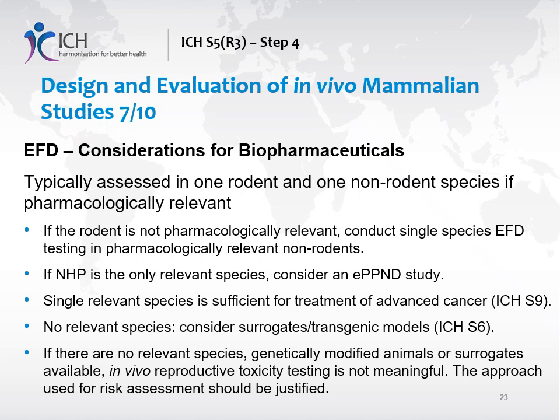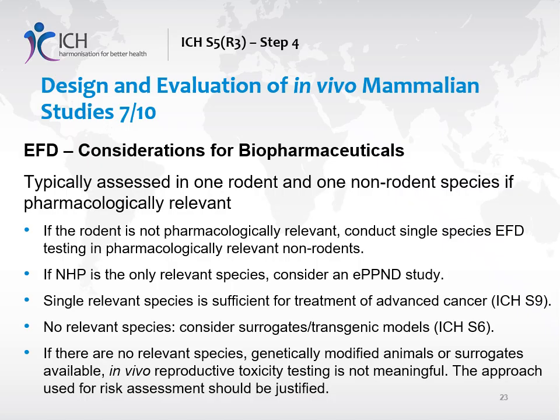See ICH S9. When no relevant species can be identified because the biopharmaceutical does not interact with the autologous target in any species relevant to reproductive toxicity testing, use of surrogate molecules or transgenic models can be considered, as described in ICH S6.